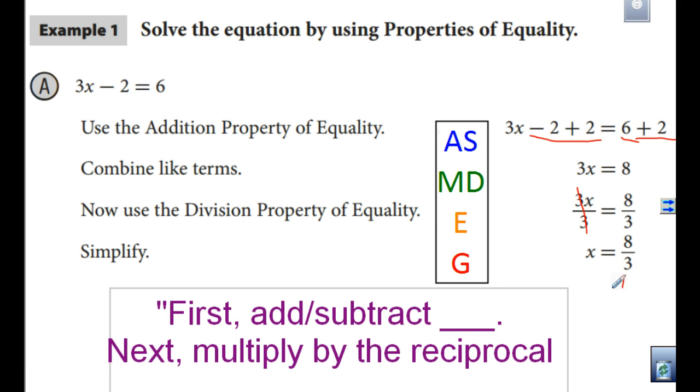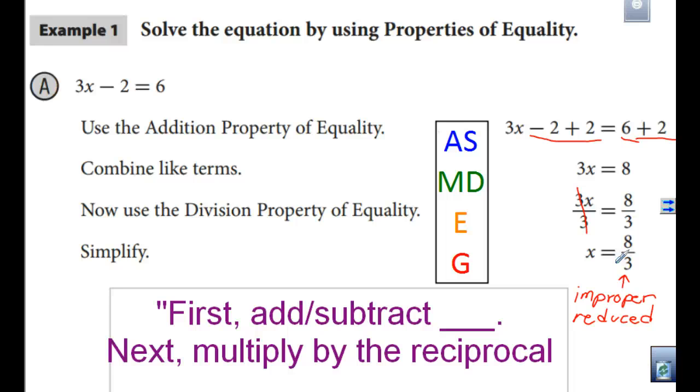Reminder that this should be an improper fraction, and fully reduced. The only exception is if this was a word problem dealing with money. You wouldn't say, oh, I made $8/3. You punch it in a calculator, 8 divided by 3, $2.67.